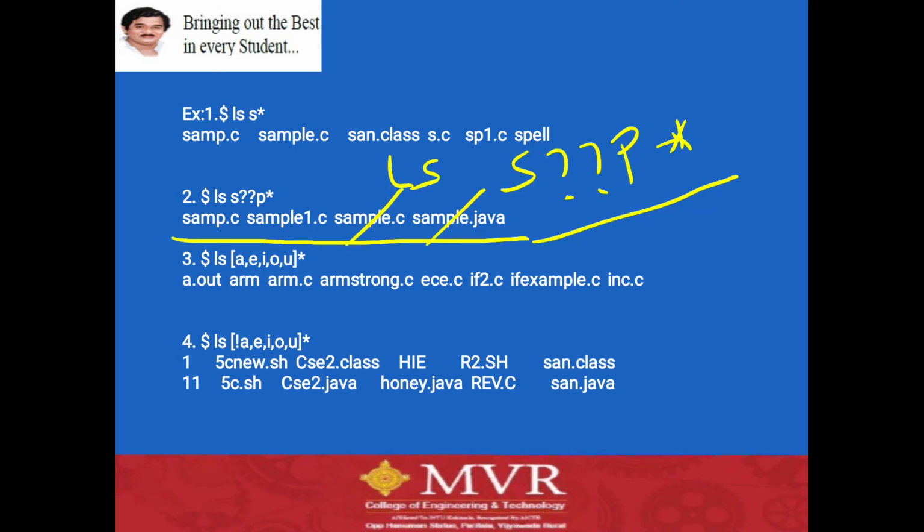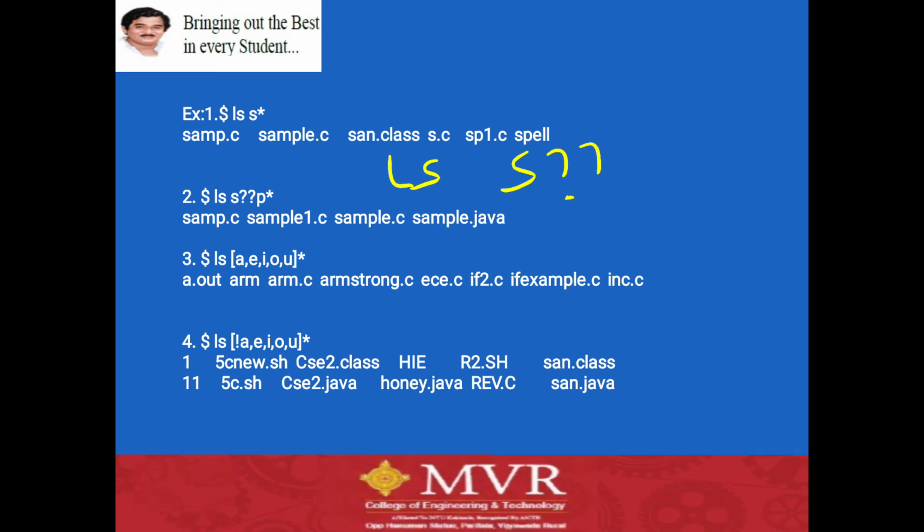So all four files have the first letter as s and the fourth letter as p, and after p there are any number of characters, it may be 4, 5, 6 or nothing also, it is going to display. So from this example what you need to understand is question mark always matches any single character, only one character it matches.